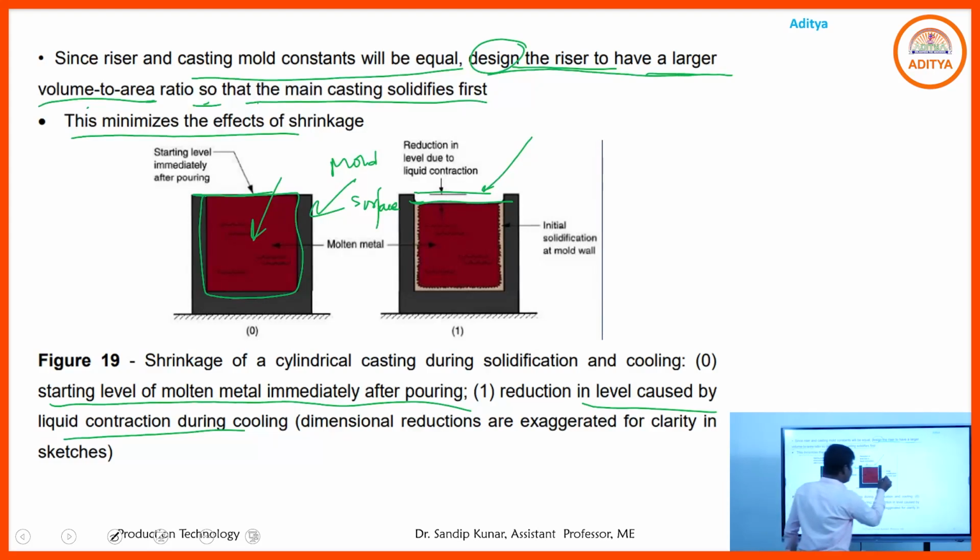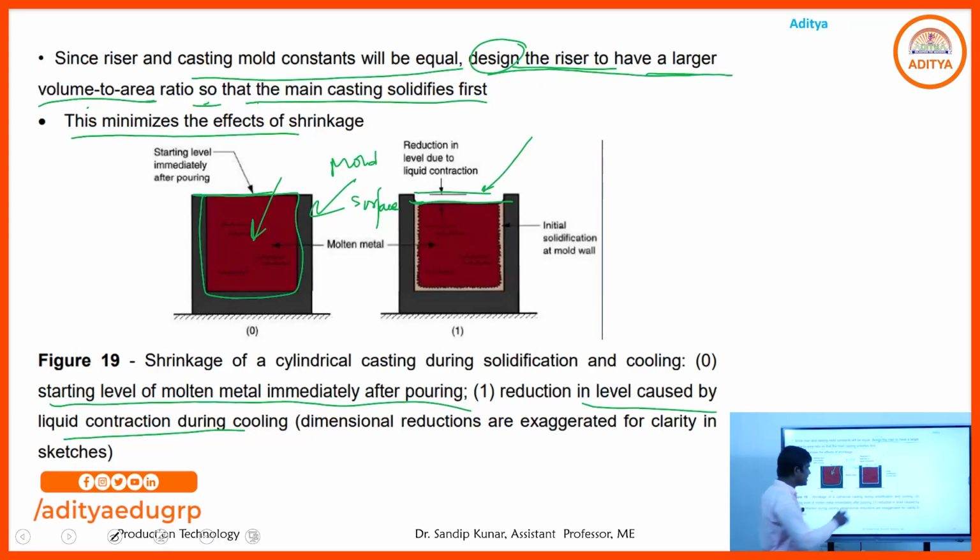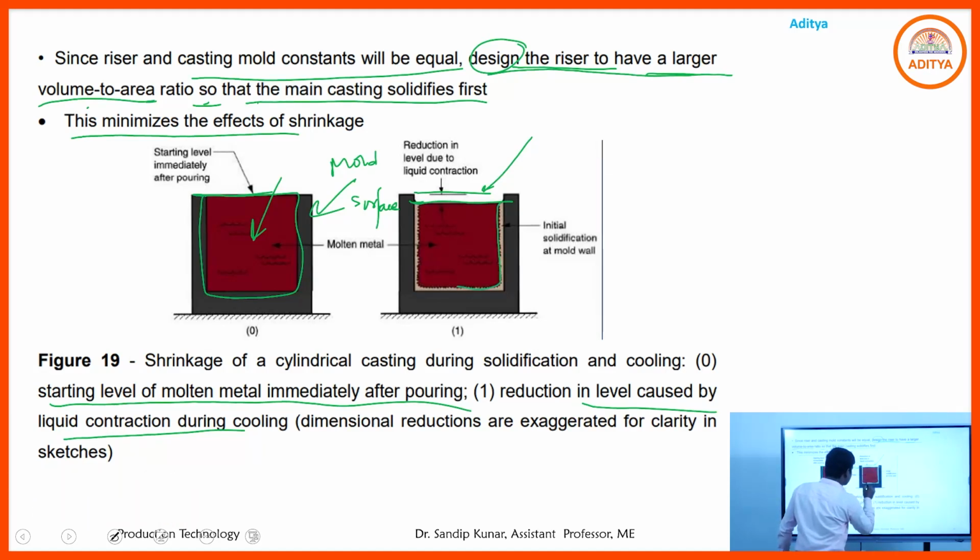Initial solidification at the mold wall: when solidification starts, that type of shrinkage also occurs across the mold surface. After heat extraction, solidification starts and voids are created, meaning shrinkage is created in that particular solidified product.